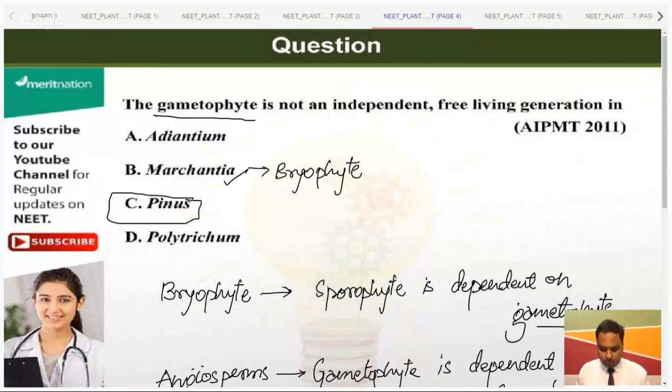Okay, everyone. So that's your answer. Polytrichum, as somebody asked me, you also consider as bryophyte, and Polytrichum is especially a moss. It's a moss, everyone. This is also a moss. Okay, right. So ready for the next question?